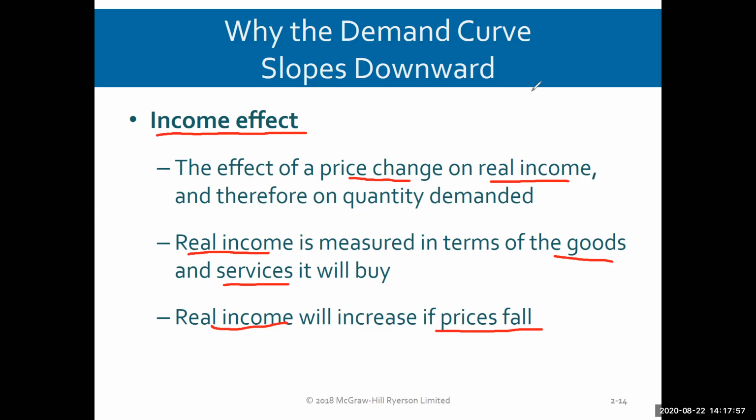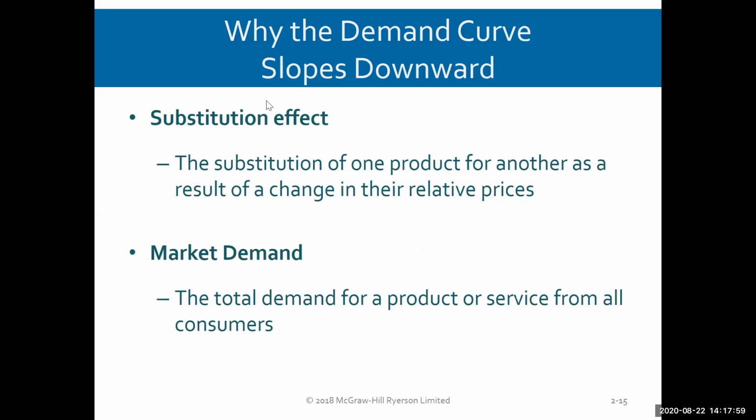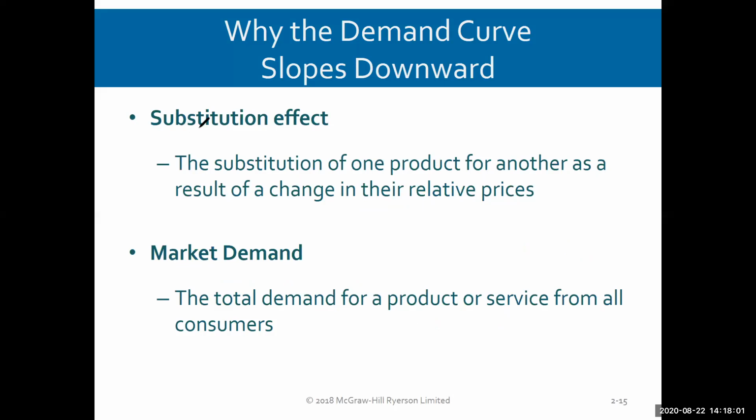So the next reason is something called the substitution effect. Substitution is just substituting one thing for the other. So you picture your demand curve, downward slope to the right, and it's for beer.